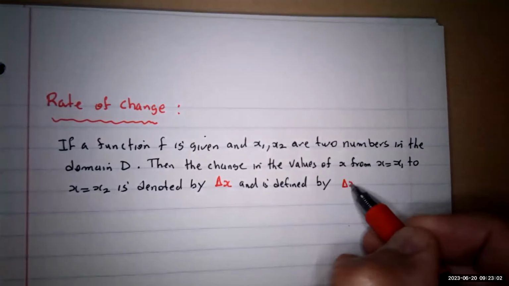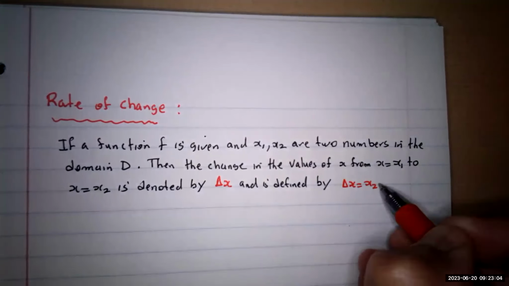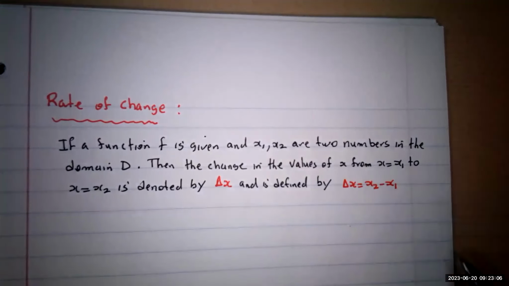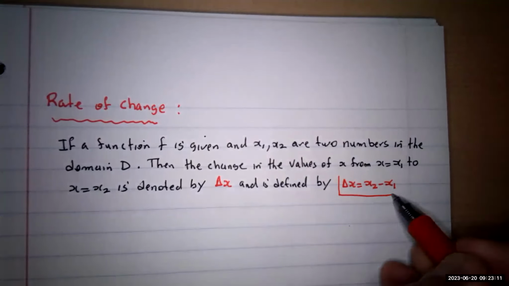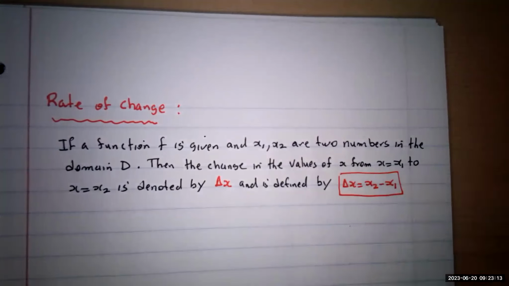Delta x is going to be equal to x2 minus x1. It's two different steps. So that would be delta x from now on, change in x.